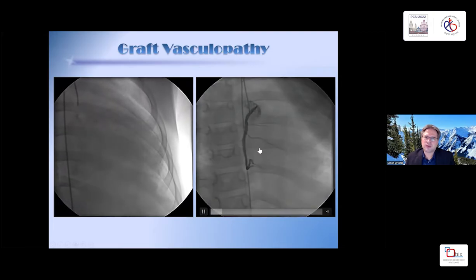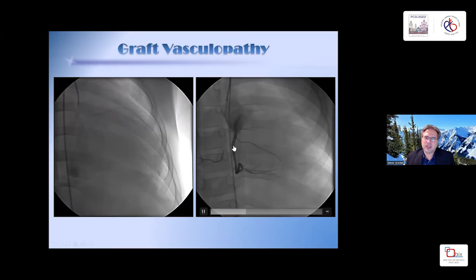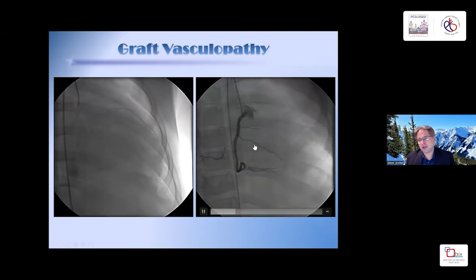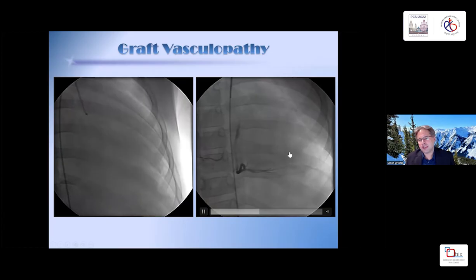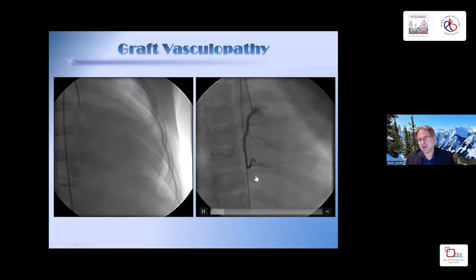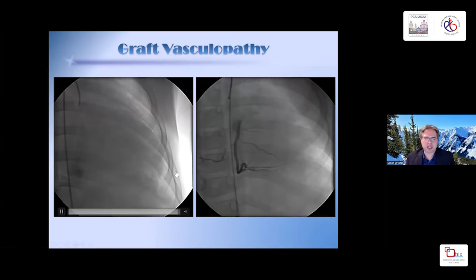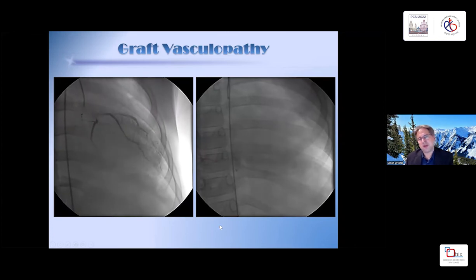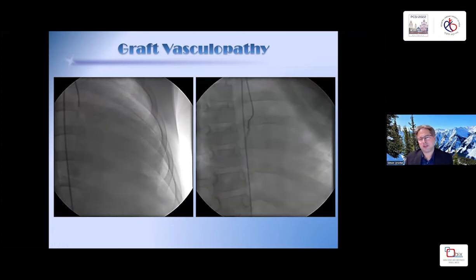And similar here on the right side, you can see that the main vessel actually looks quite pretty, but the vessels that come off here are nearly occluded and much smaller and much more rarefied than what you usually would expect. Instead, you can see how the contrast really sticks in here, including in the coronary itself, and has a hard time to get through the small vessel. So this is a typical pattern of small vessel disease graft vasculopathy, which is the most common form that we see in the pediatric patients.